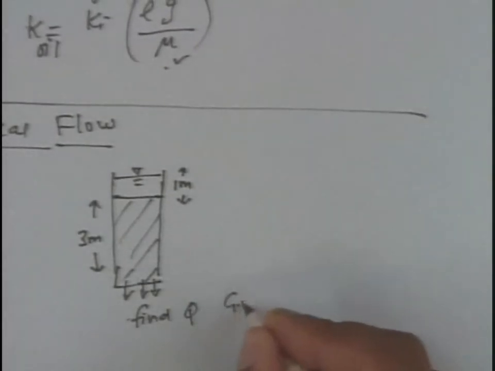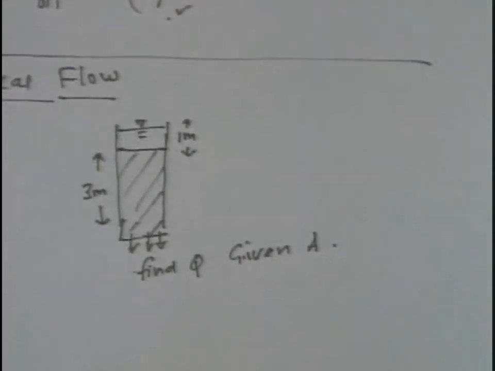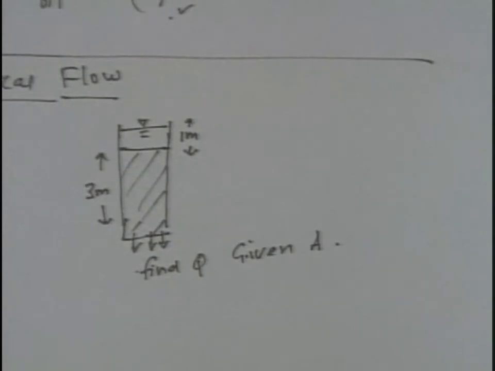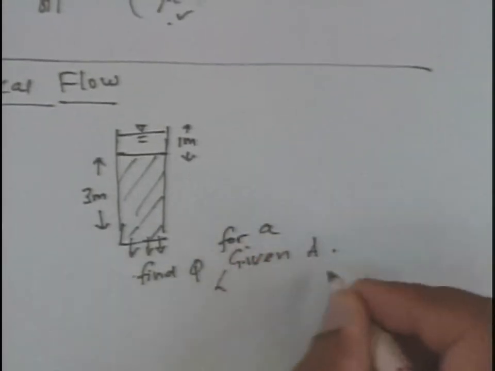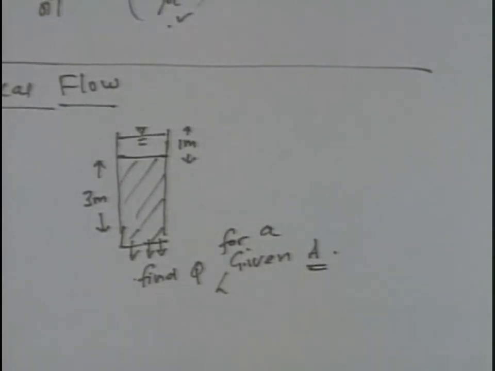Given A. How do you do this? I'm going to give an area, so given the area, find Q for a given area A. Now, how do you find Q in this system, like little q?